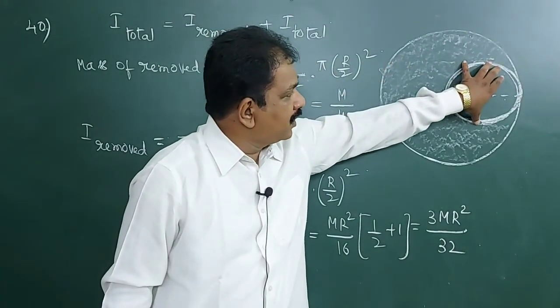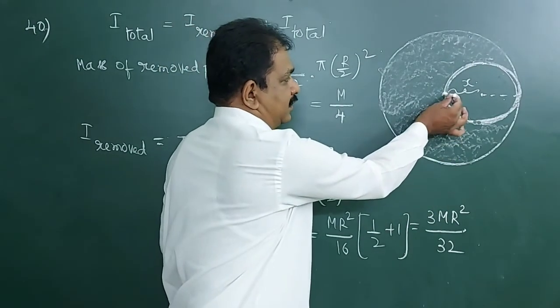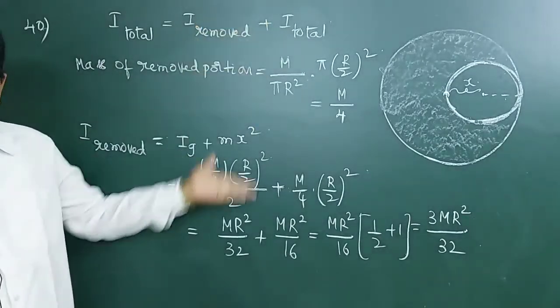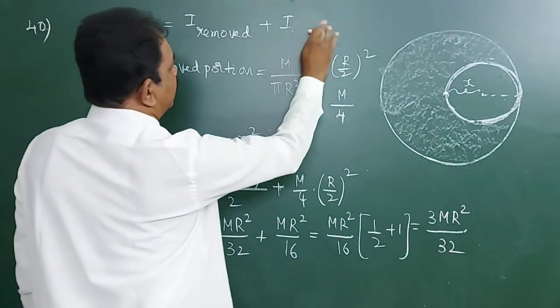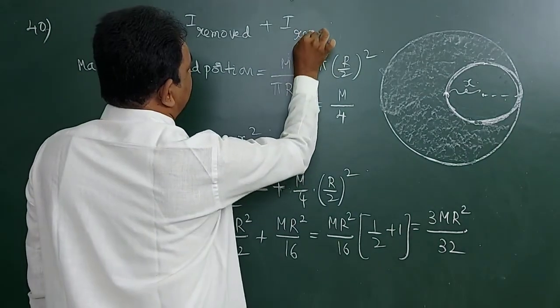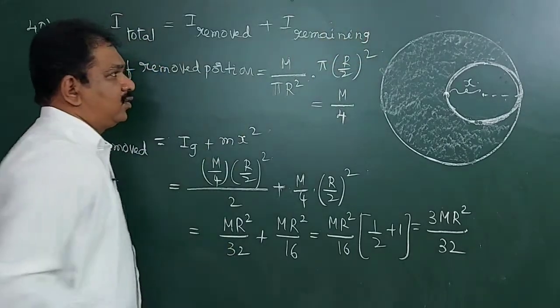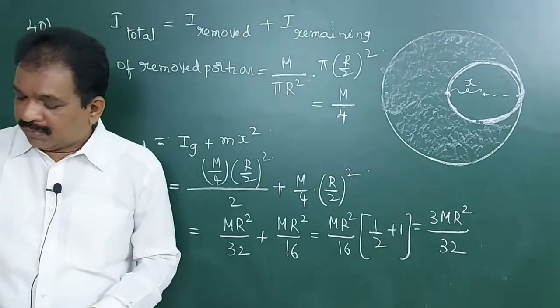This is the moment of inertia of this portion with respect to this axis. Then we know the formula. This is not I total, this is I removed. I total is equal to I removed plus I remaining.